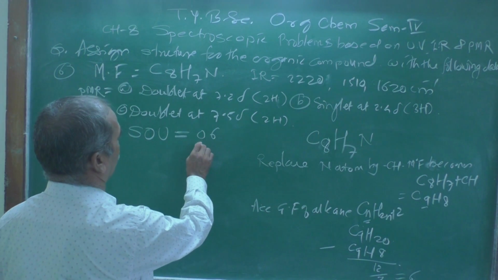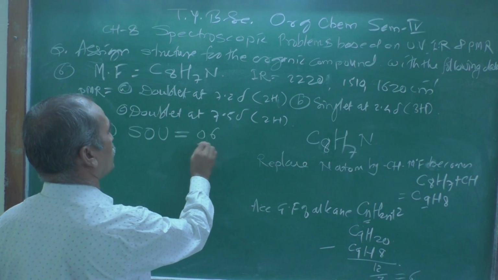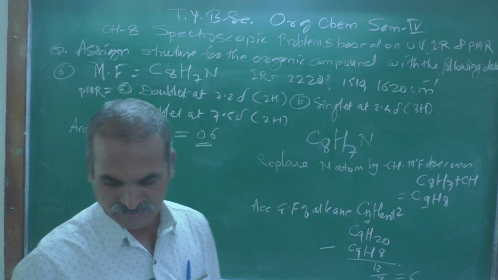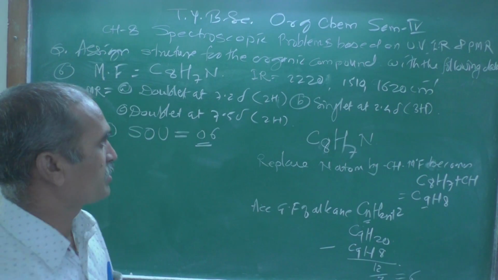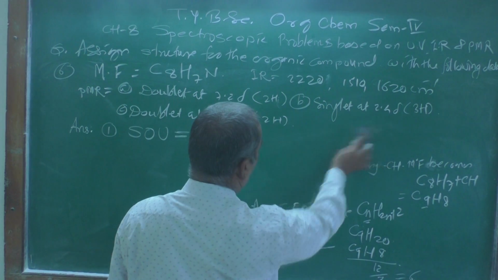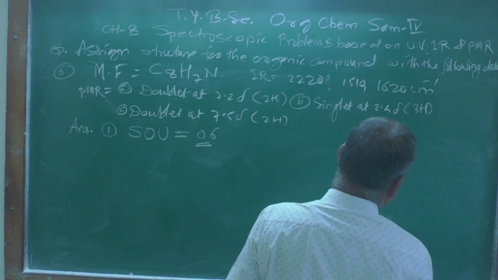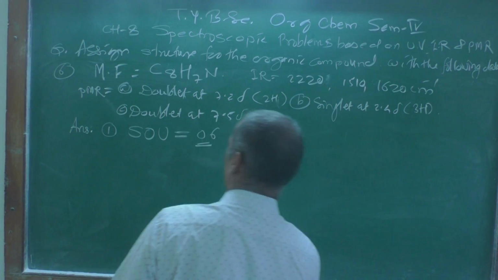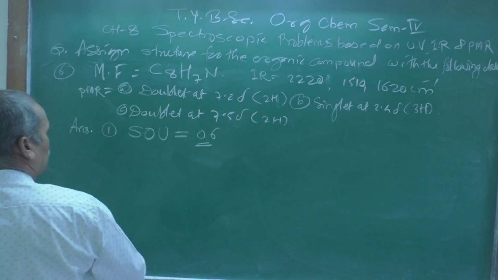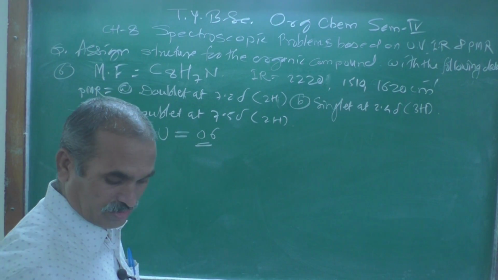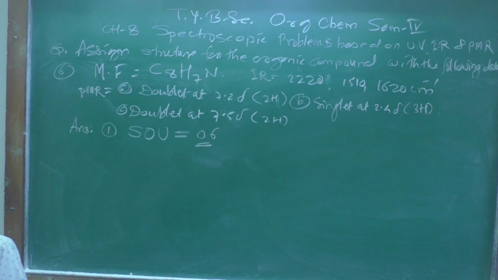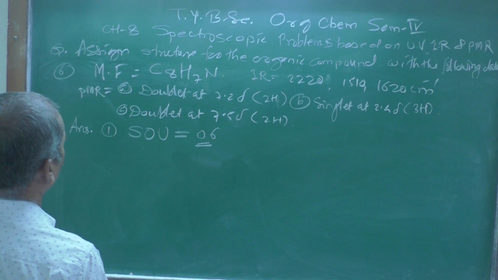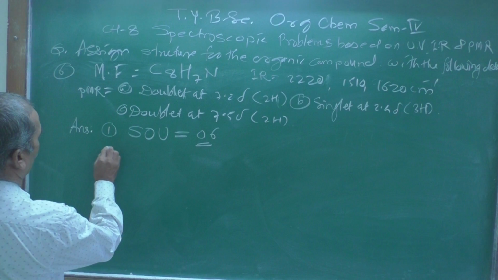It must have 6 sites of unsaturation, meaning it contains carbon-carbon double bonds, rings, or triple bonds. Now let's move on to the next point.